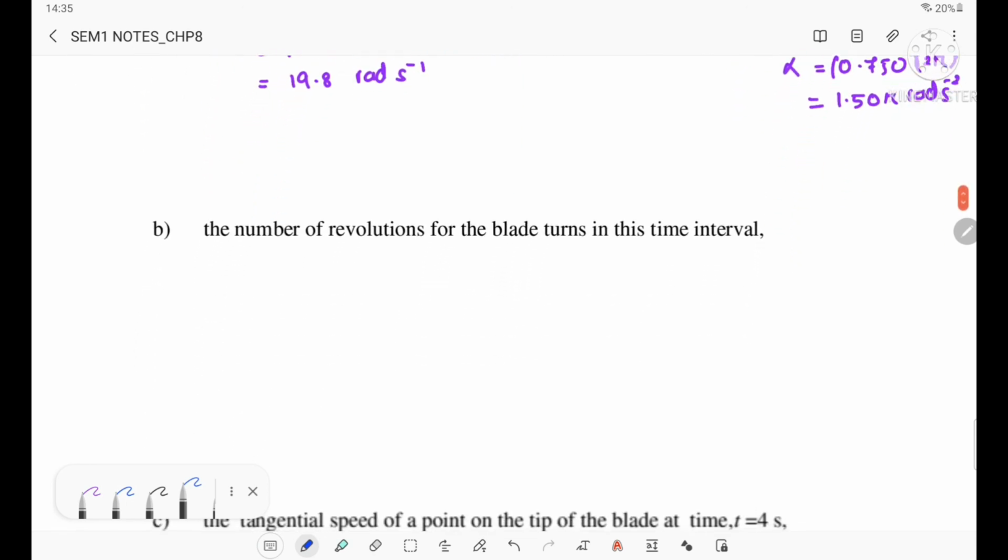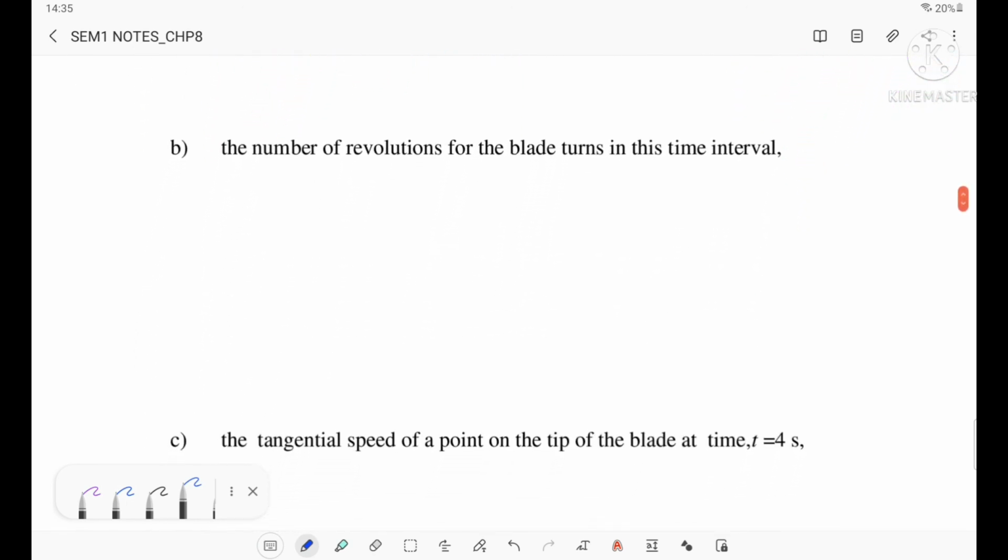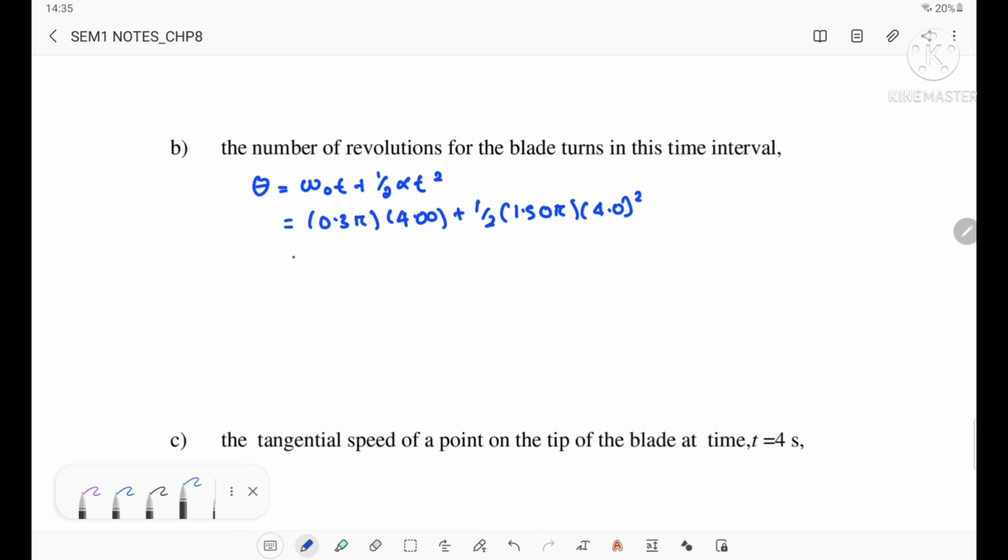B. The number of revolutions the blade turns in this time interval. So we apply the equation theta equals omega naught t plus half alpha t squared, and then we substitute the value of omega naught 0.3 pi, t is 4 seconds, and plus half alpha is 1.5 pi, times t, 4 squared, and then we get theta equal to 41.5 radian.